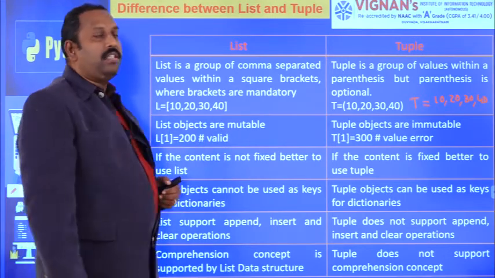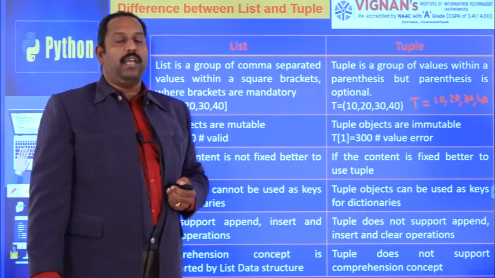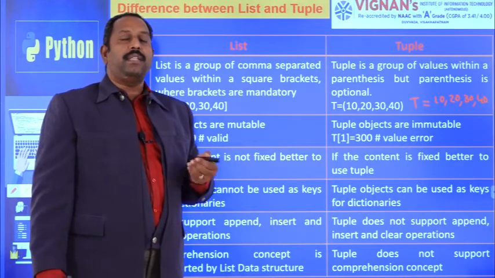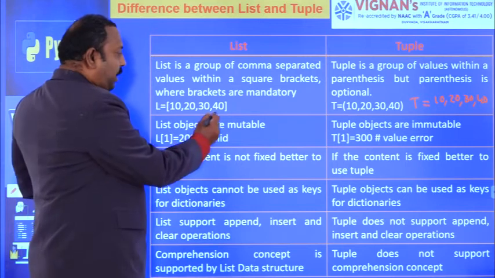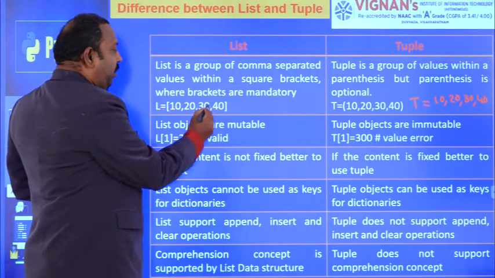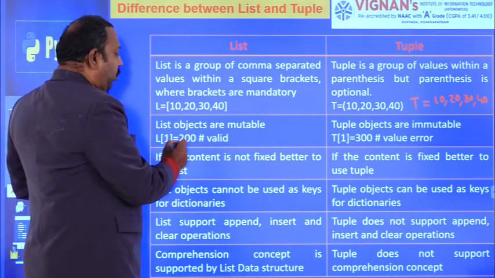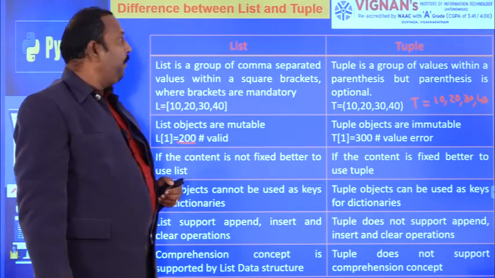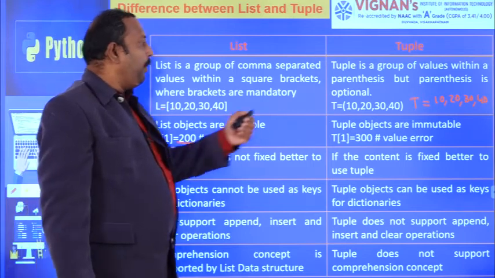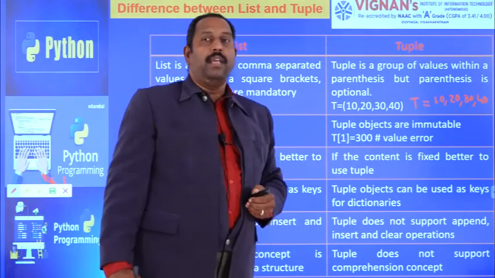The next one is that a list is mutable. That means the elements in the list can be modified. For example, here we have taken the same list, L equal to 10, 20, 30, 40. L of 1 equal to 200 is a valid statement in the list data structure. When coming to the tuple, objects are immutable.